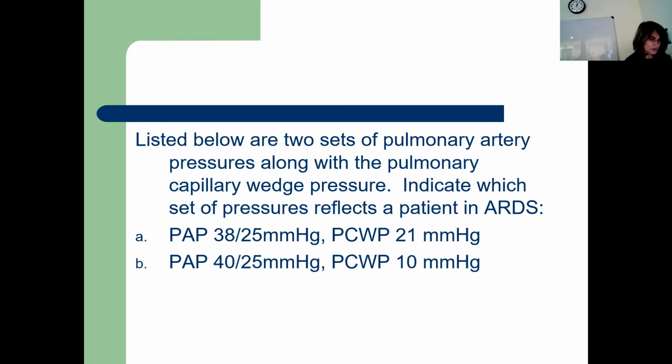And then if the pressure goes above 17, so capillary wedge pressure above 17, you will see pulmonary edema on the X-ray.